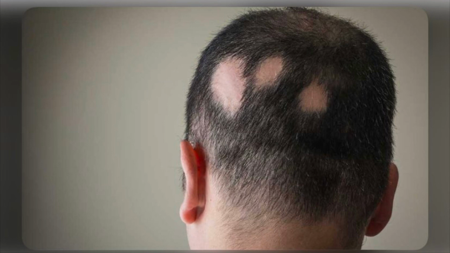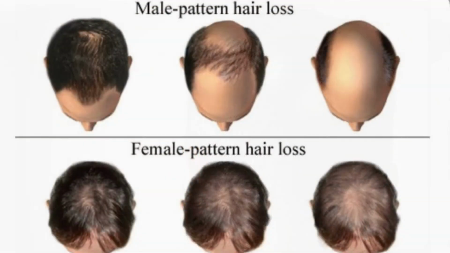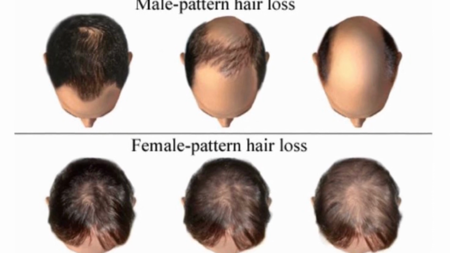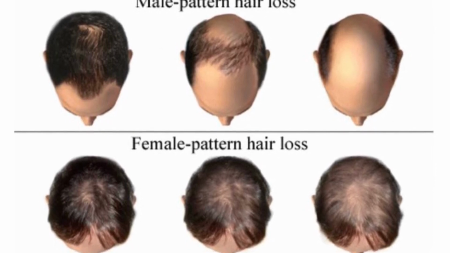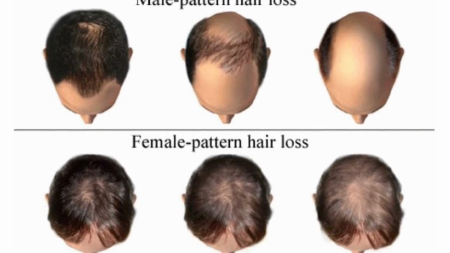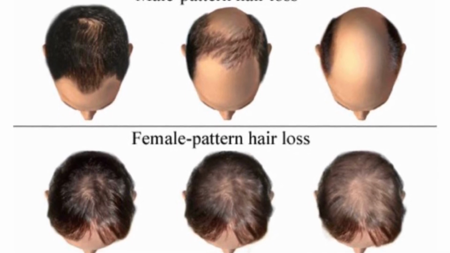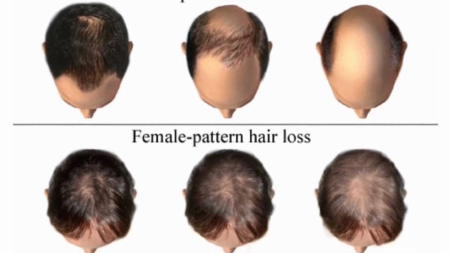Alopecia may appear in different forms as a result of a variety of abnormal conditions. Androgenic alopecia is hair loss that occurs as a result of genetics, age, and hormone changes that cause the miniaturization of terminal hair, converting it to vellus hair.